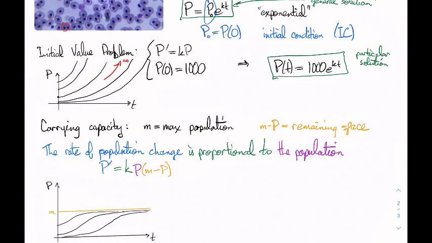So you get populations that look like this. And like I said, if you start with initial condition above M, then it's going to exponentially decay down to M, something like that. And this is called the logistic growth model. And so we'll see in the upcoming sections how to solve and find the solutions for each of these.